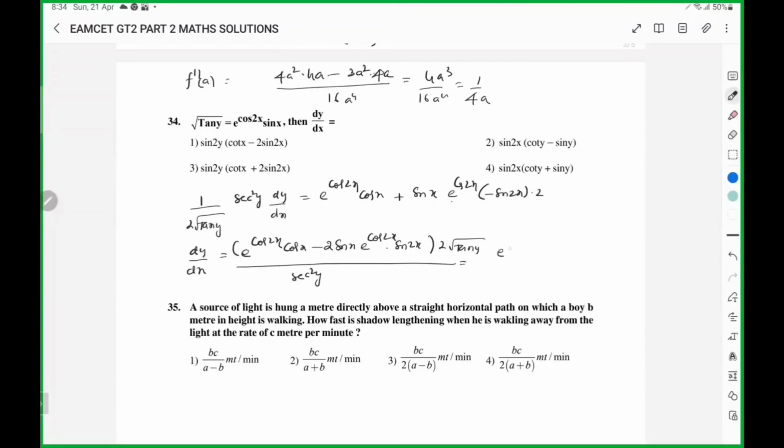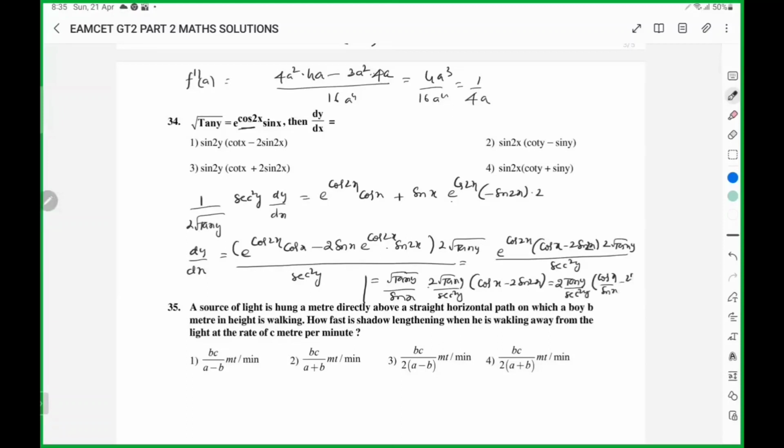E power cos 2x cos x minus 2 sin x, 2 root tan y by secant square y, which is equal to e power cos 2x root tan y by sin x into 2 root tan y by secant square y, cos x minus 2 sin 2x, which is 2 tan y by secant square y, cos x by sin x minus 2 sin 2x.